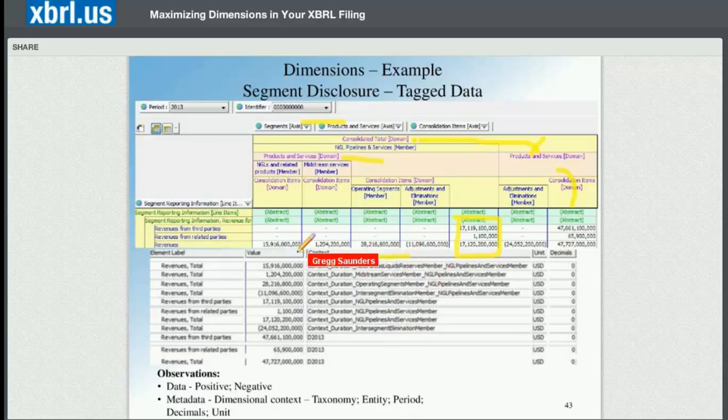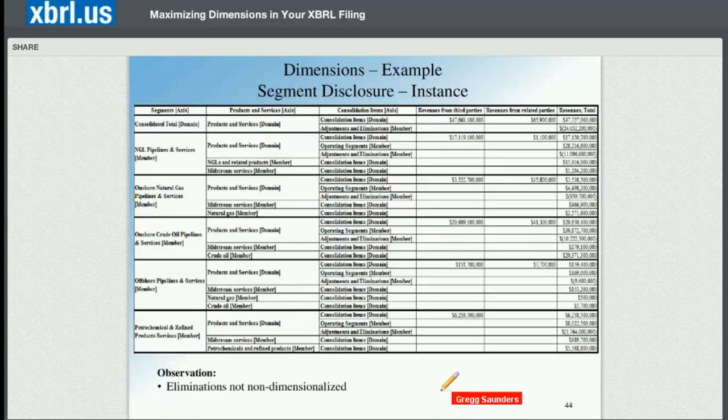Everything in the context column is in my taxonomy, but the value is in the instance: the units, the decimals, the period, and the entity are on the individual facts. Everything of metadata that goes on the value is defined on that value in the instance. It is the elements themselves, the concepts, that are in the structure of the taxonomy.